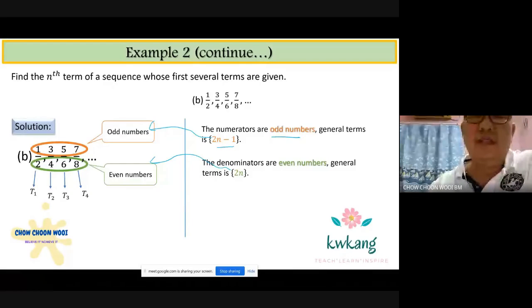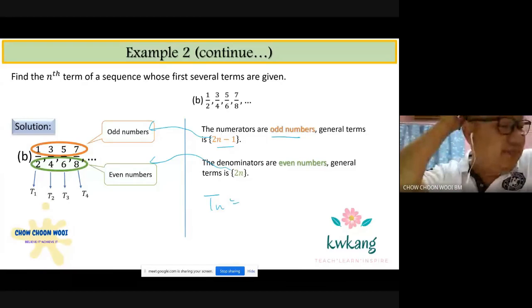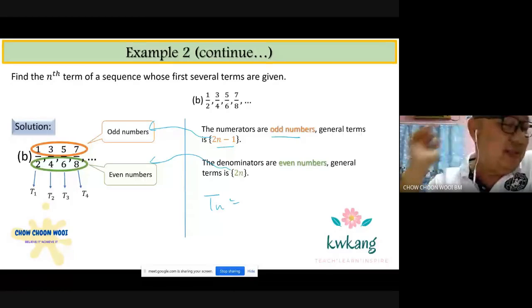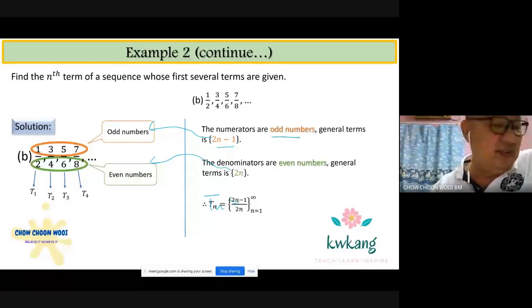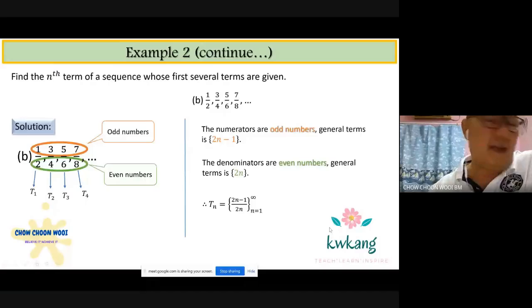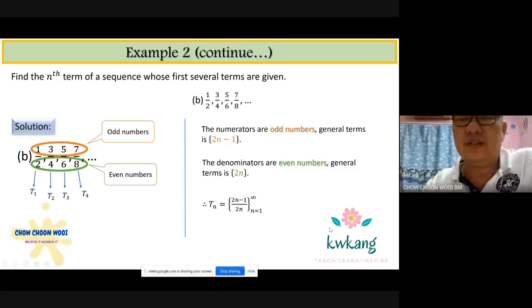Based on this one, can you please write down your Tn? Apa yang you faham tentang Tn is 2n minus 1 over 2n. Very good, Hanani. Okay. So, 2n minus 1 over 2n. Very good, Hanani. So, the n is from 1 to infinity.